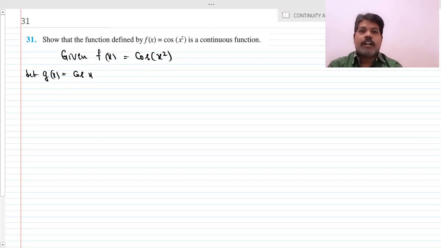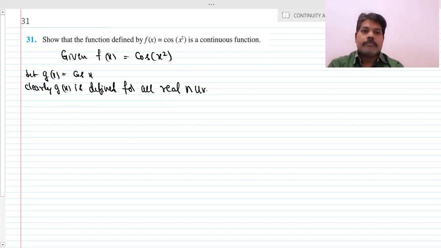So what happens, students? g of x is cos x. Clearly g of x is defined for all real numbers.